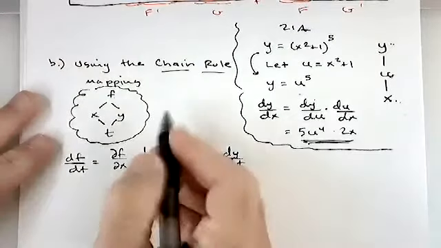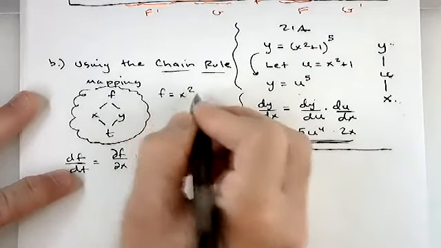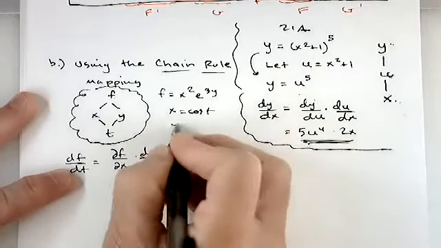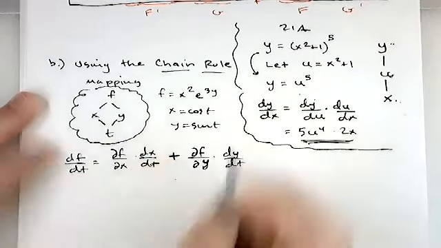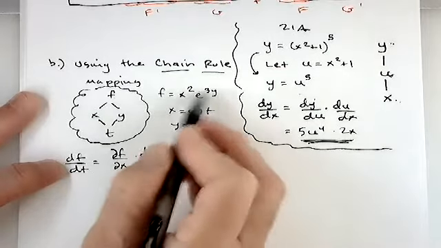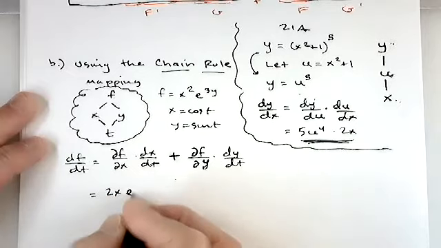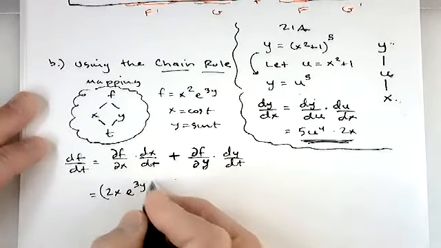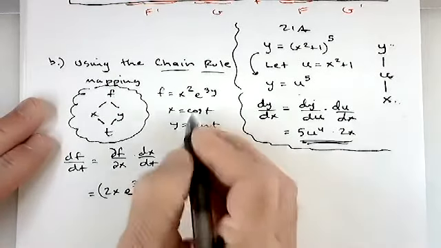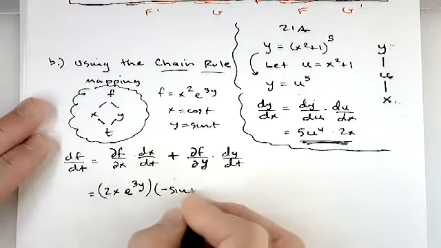Okay, so here's how this would look. Let me rewrite my functions. My function was x squared e to the 3y. x was cosine t, y was sine t. So the partial of f with respect to x, taking the derivative of this, holding y constant, will be 2x e to the 3y. dx dt, the derivative of x with respect to t, is negative sine t.